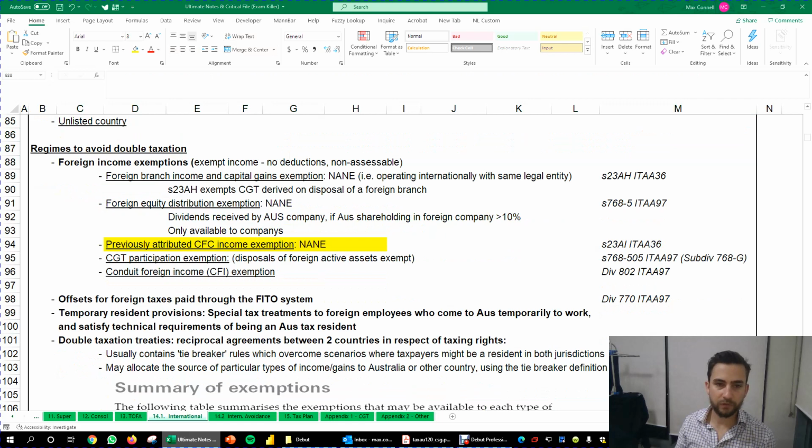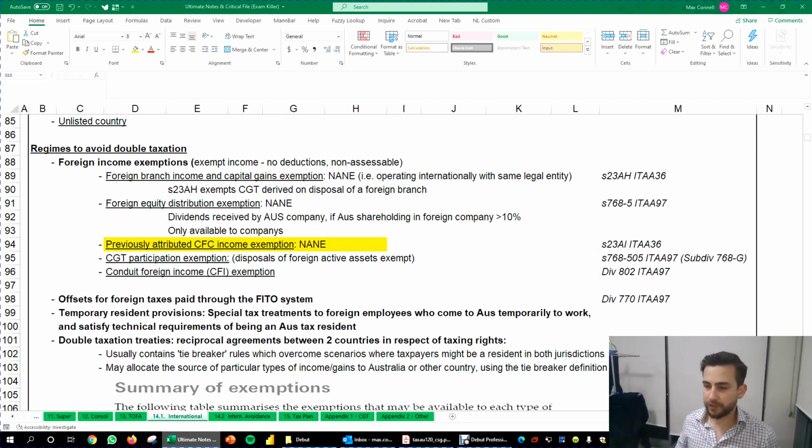So regimes to avoid double taxation. We mentioned this before. When you have income in another country, you're most likely going to get taxed in that country. Just like if you're a foreign resident in Australia, you're assessable on any Australian-sourced income. So going back to the US dividend example, if I have dividends sourced in the US, I most likely will have some sort of withholding tax or tax payable on those dividends.